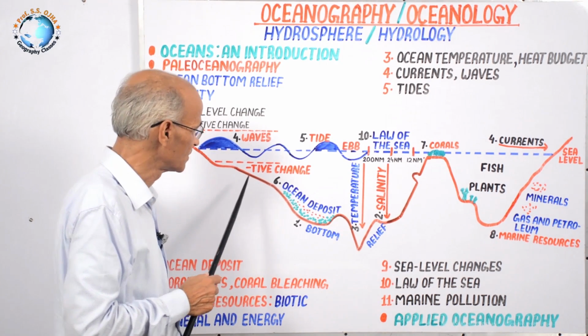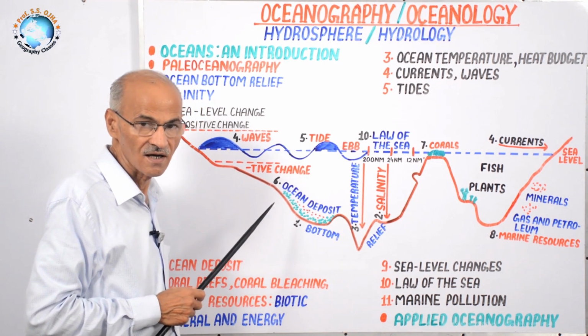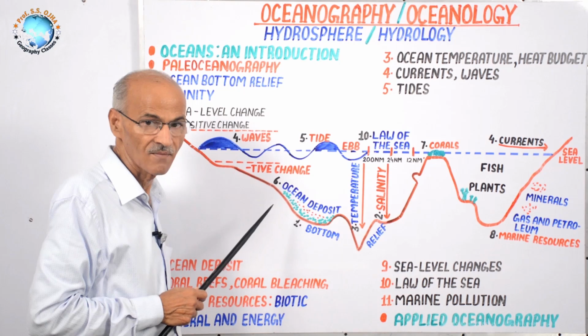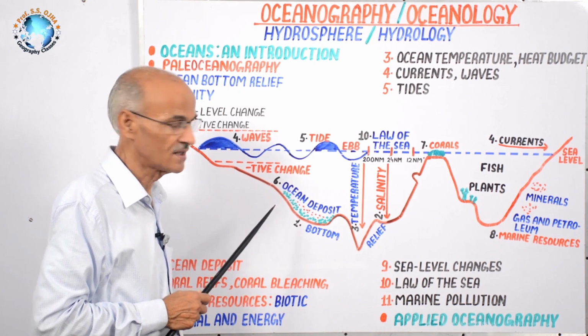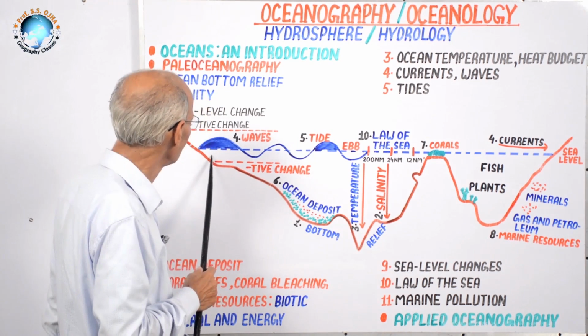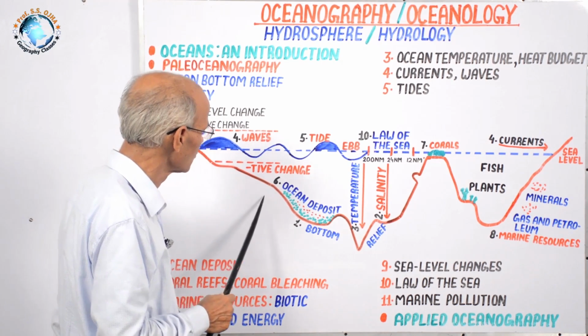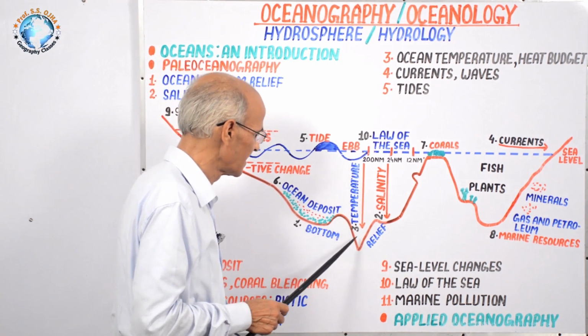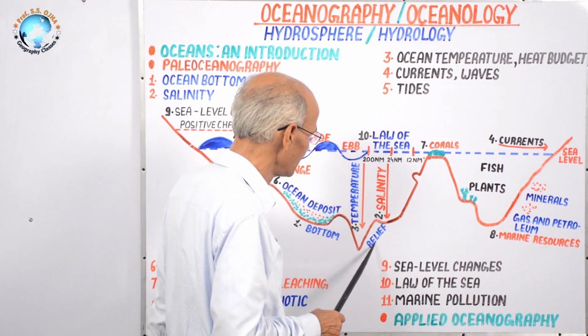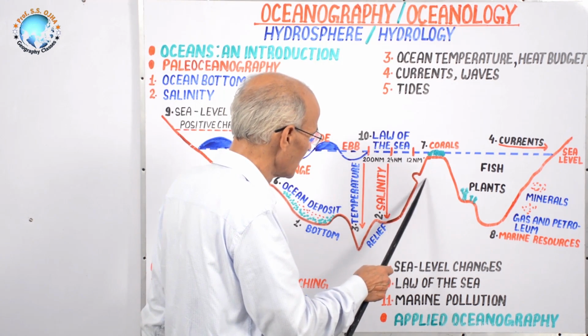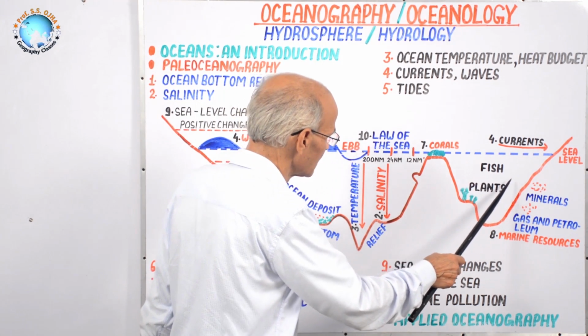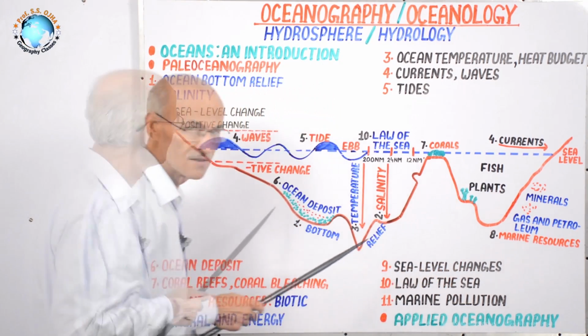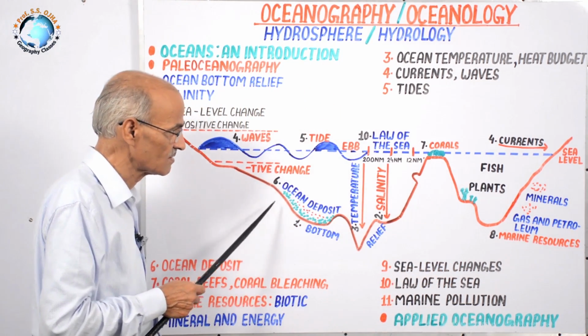As you study relief features on the continents like mountain, plateau, plain, in the same way, here is relief like continental shelf, slope, deep sea plain, canyon, trench, deep, and ridge, and this is called epicontinental sea. So this is ocean bottom relief.